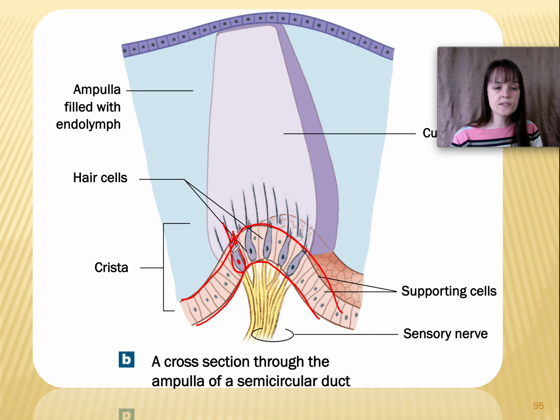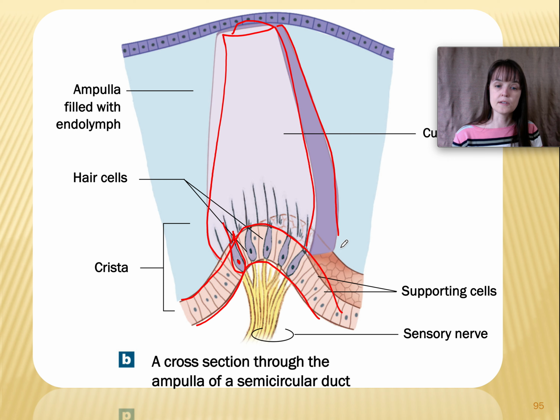And the hairs go out into this structure called the cupula. And this is a gelatinous structure, like jello, that goes the width of the membranous labyrinth in the ampulla.